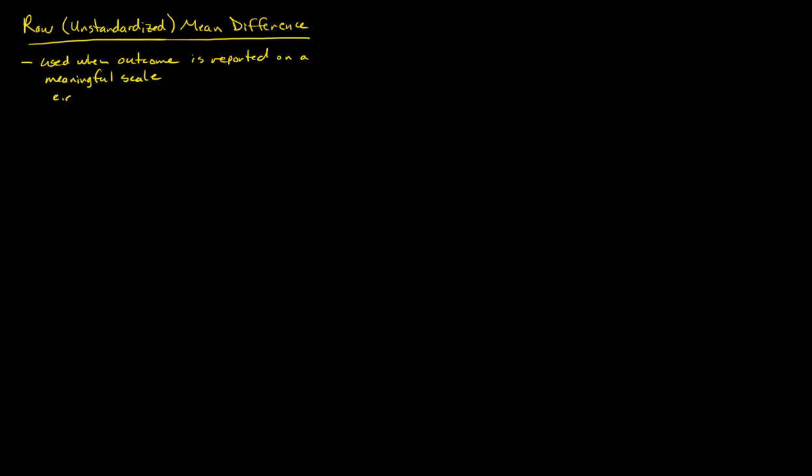What does that mean? Well, an example. What's a meaningful scale that all parties are familiar with, something like maybe blood pressure? Everybody's familiar with the blood pressure scale, millimeters of mercury, systolic over diastolic. Maybe everybody's familiar with IQ or GRE scores.